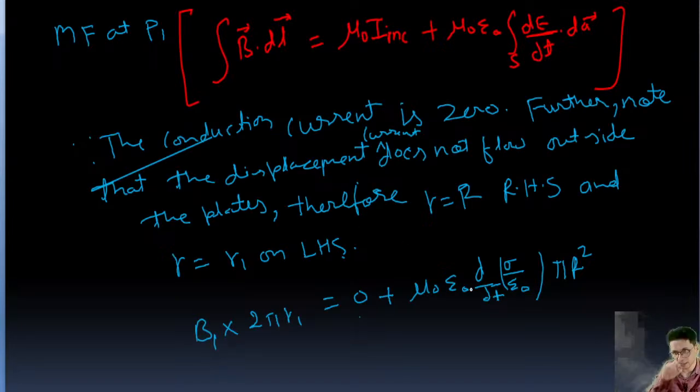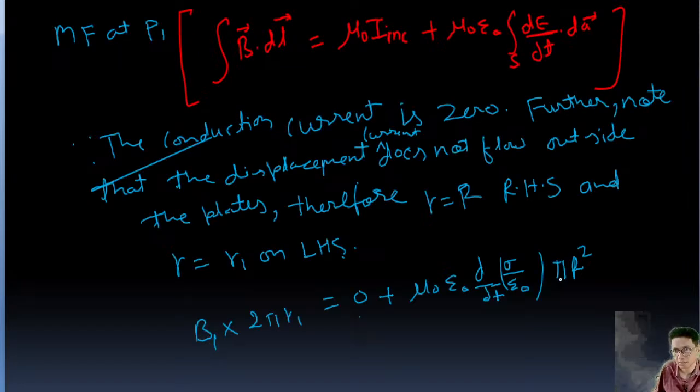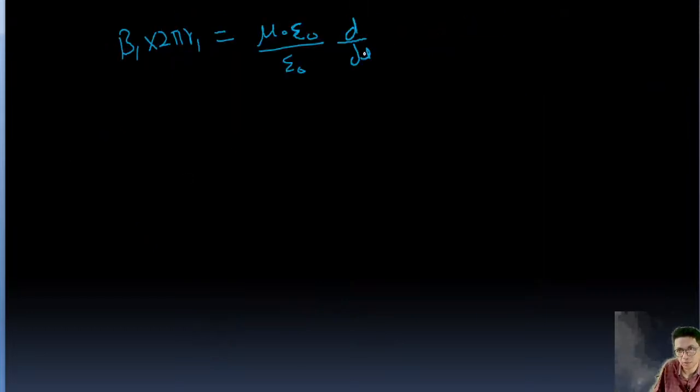Here you need to understand, this is constant, this will come outside, okay, upon epsilon 0, okay, and this is now going to be d upon dt of sigma into pi r square, right?